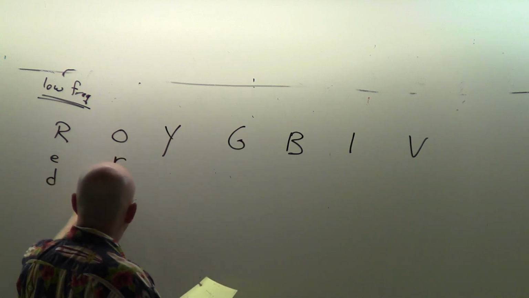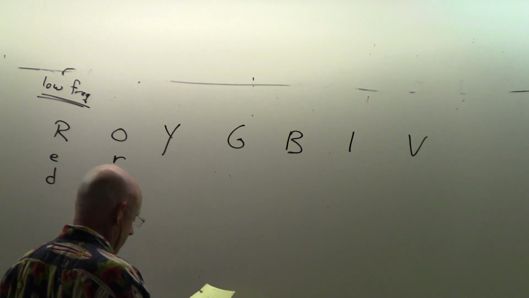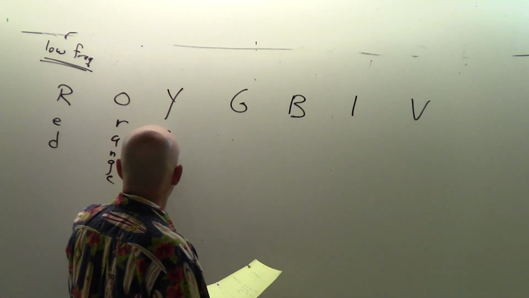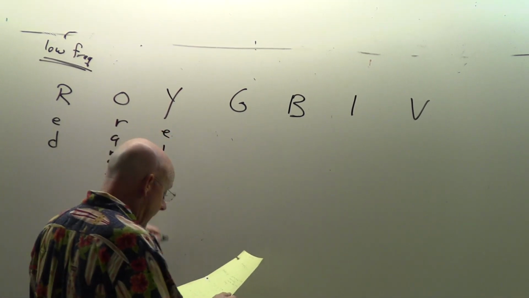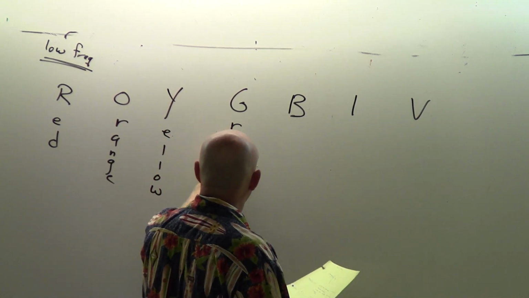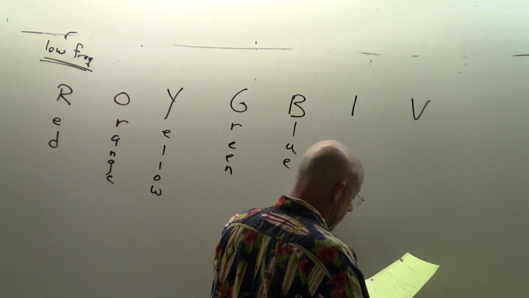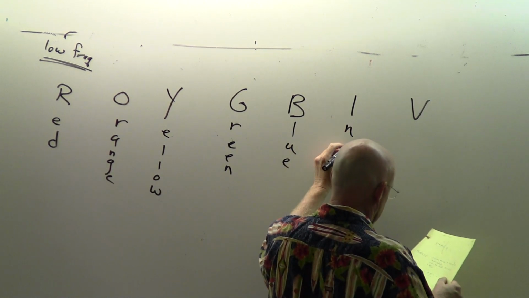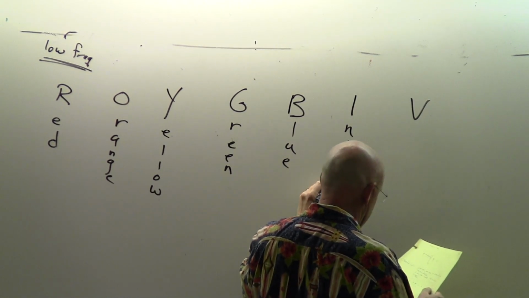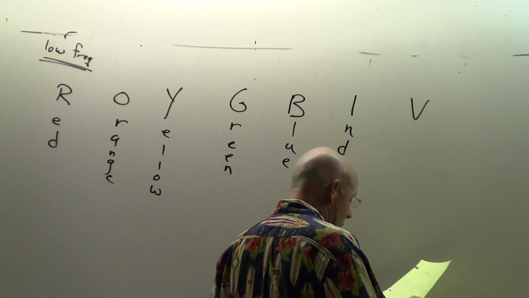A little bit higher in frequency, your brain calls orange. A little bit higher, your brain calls yellow. A little bit higher, your brain calls green. A little higher, blue. A little higher and less of a common word is indigo.